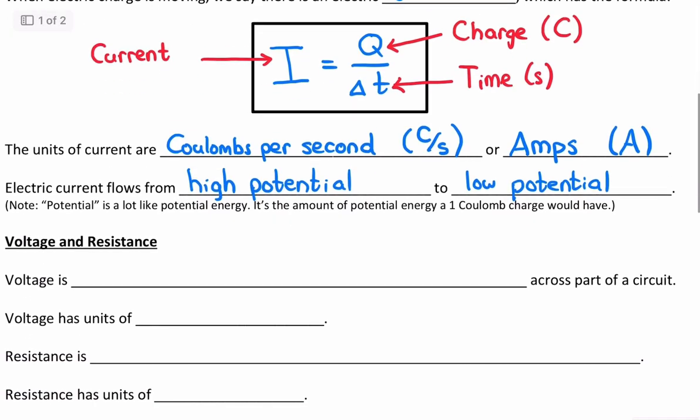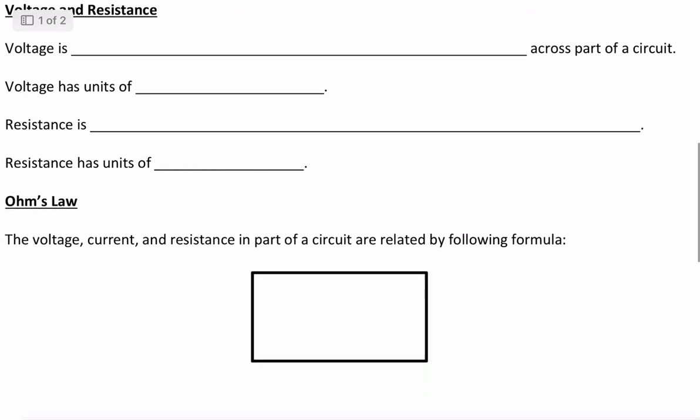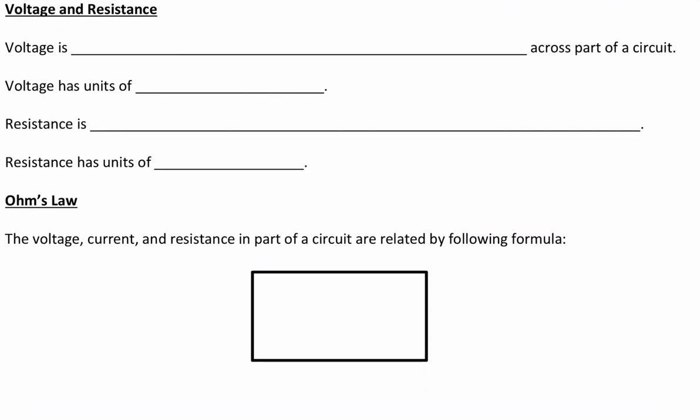After current, the next two quantities I want to talk about are voltage and resistance. So voltage is the difference in potential across part of a circuit.